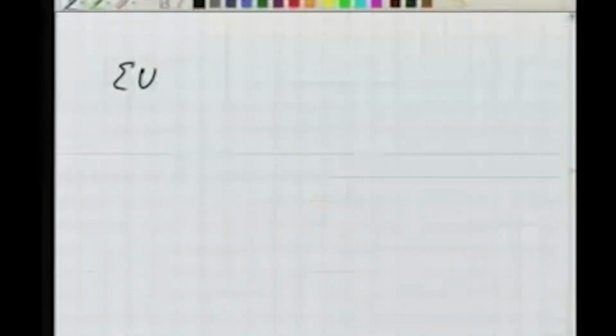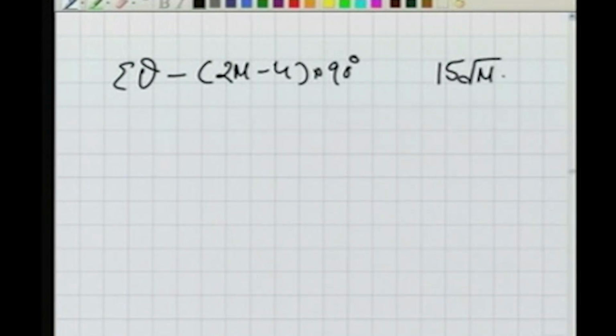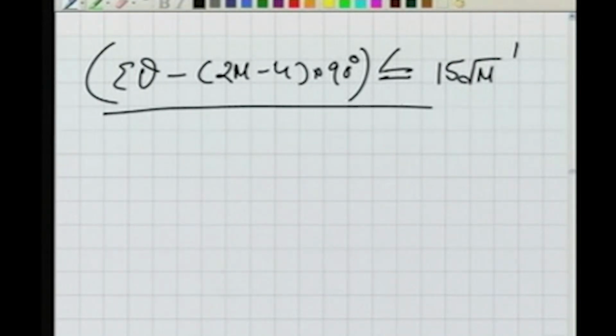If the difference, I will write it again, sigma theta minus (2n minus 4) times 90 degrees, deviates from 1500 root n, that is, this value is less than or equal to 1500 root n minutes, this is in minutes, so you convert this also into minutes, the survey is considered to be acceptable, permissible. However, if it is not so, what does it say?